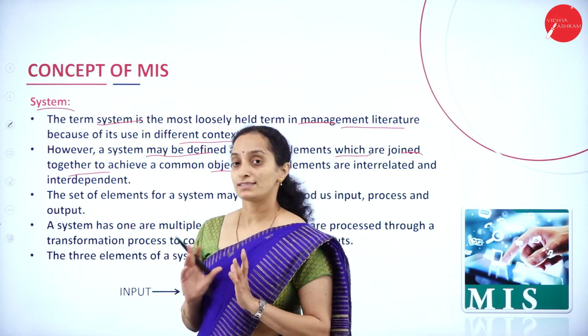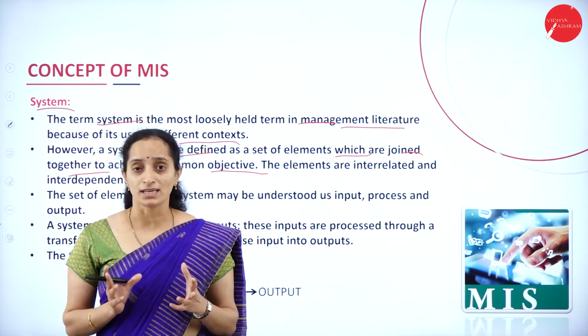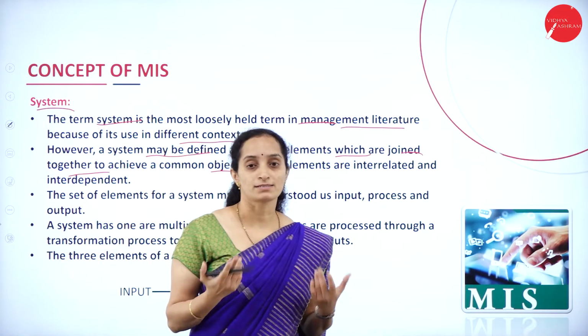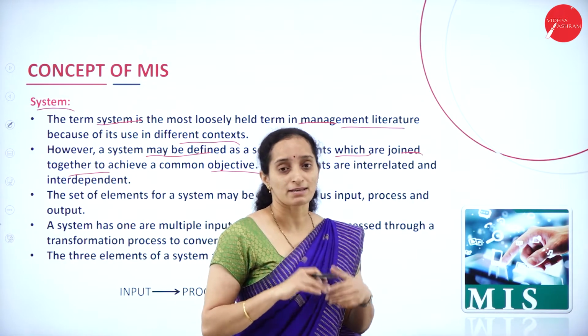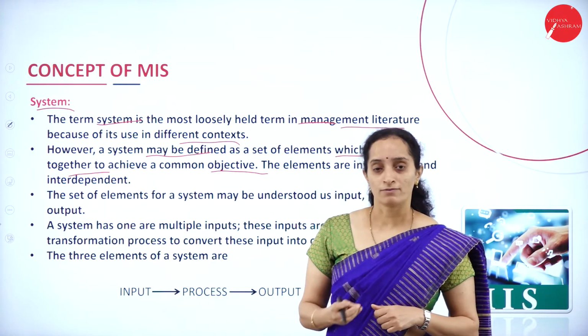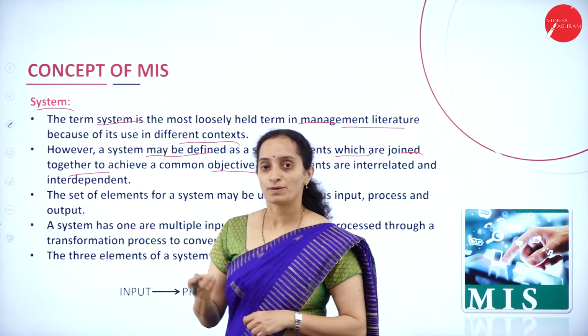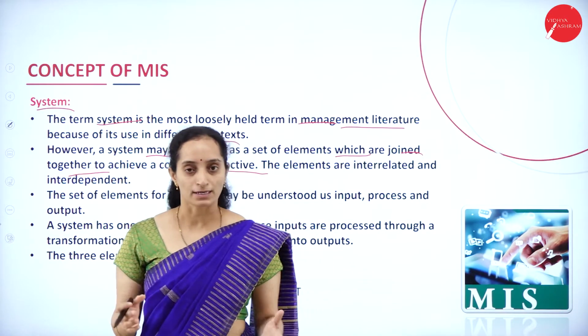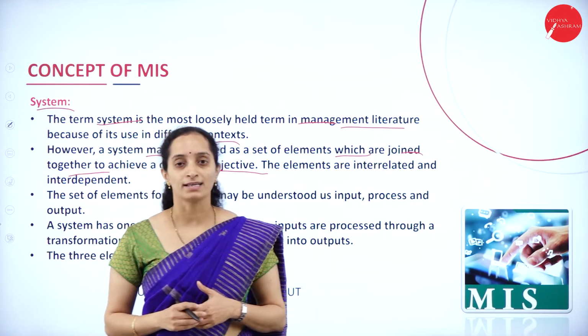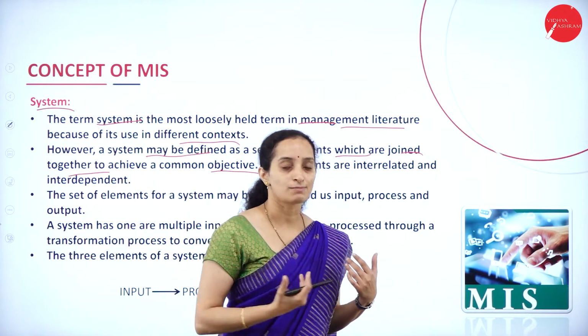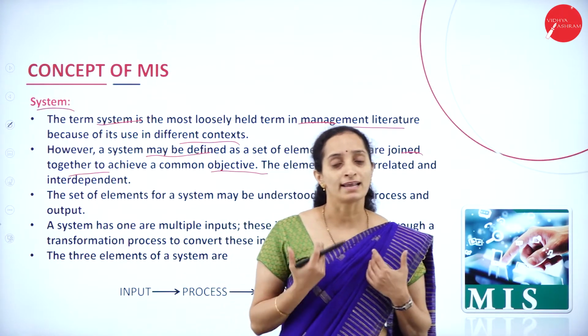Whenever you say it is systematic, we know the meaning. Systematic, what is the meaning? You need to have a systematic manner. You need to behave properly. You need to behave systematically. Your table must be arranged systematically. We use the term system so many times in our daily life.